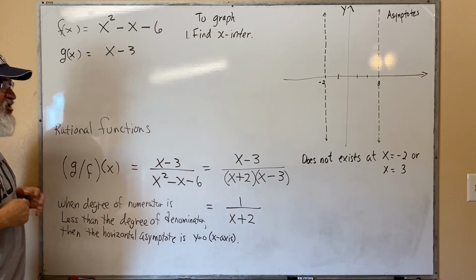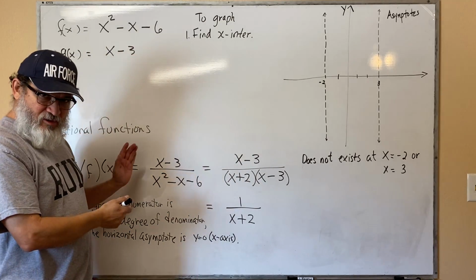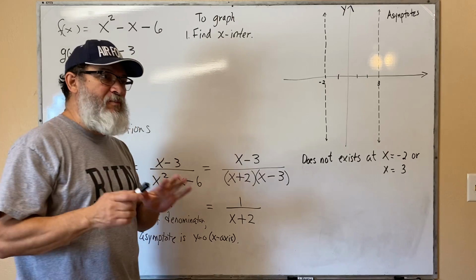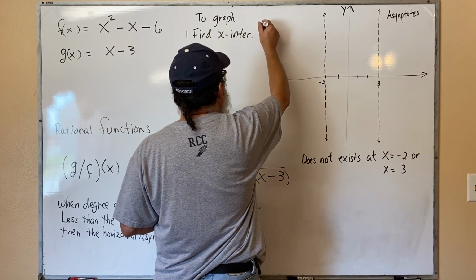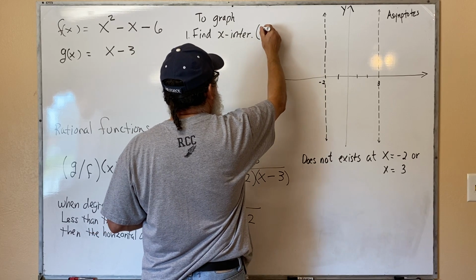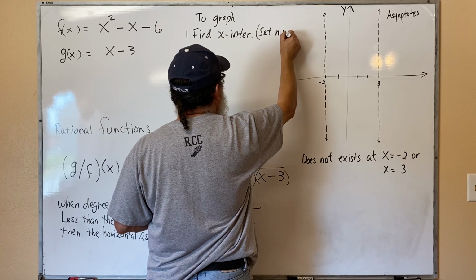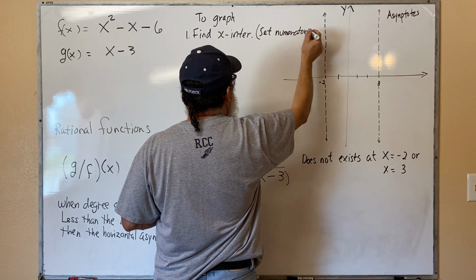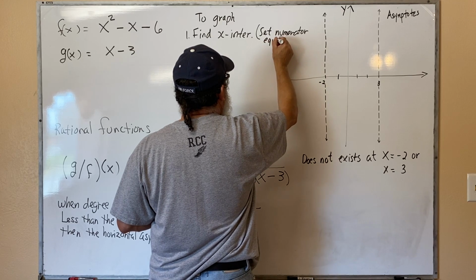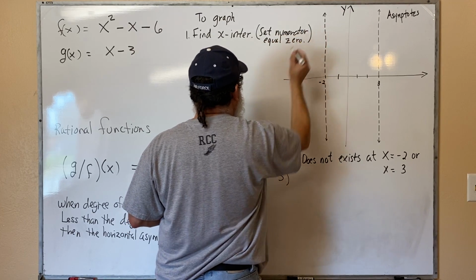How do you find the x-intercept? What makes the numerator 0? Now remember, we apply this to rational functions. Set numerator equal 0.